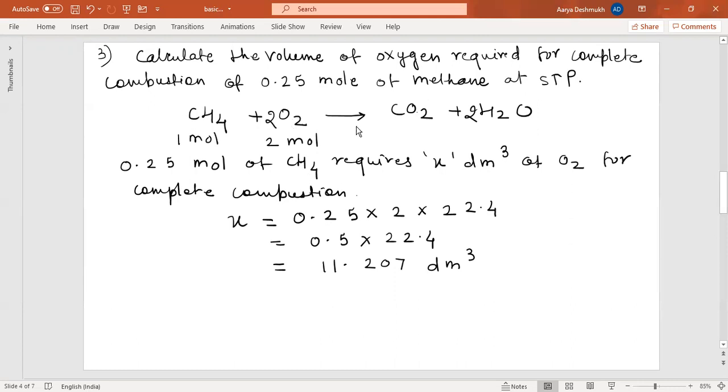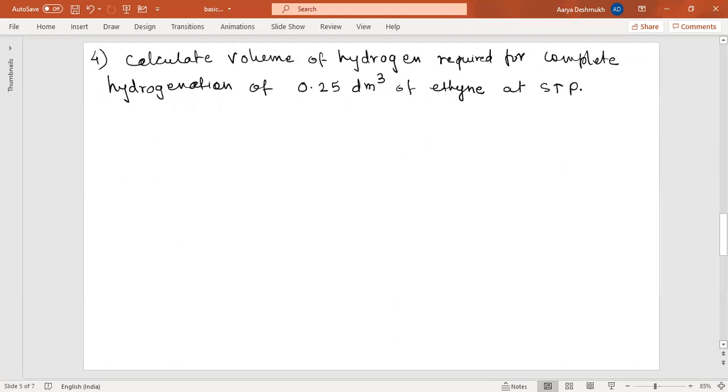We just calculated by looking at the reaction. This is the number of moles of methane, it is reacted with 2 moles of oxygen. So at STP it is 2 into 22.4, which is coming out to be 11.2 dm cube. Now the next problem we can go to.